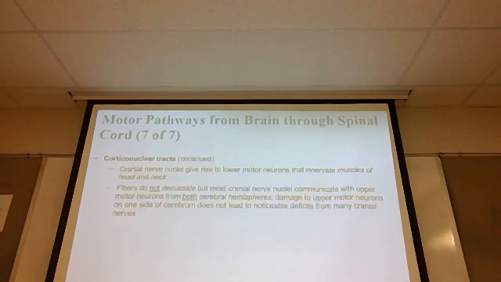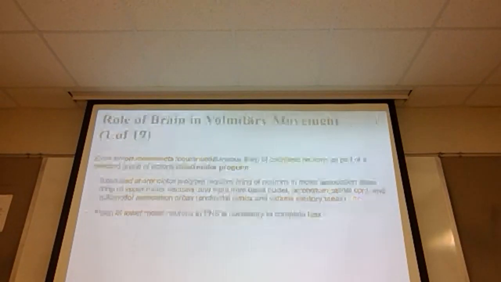And finally, the cranial nerve nuclei give rise to lower motor neurons that innervate the muscles of the head and neck. These fibers do not decussate, but most cranial nerve nuclei communicate with upper motor neurons from both cerebral hemispheres. Damage to upper motor neurons on one side does not lead to noticeable defects from many cranial nerves.